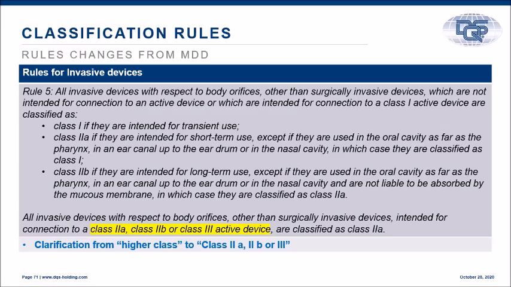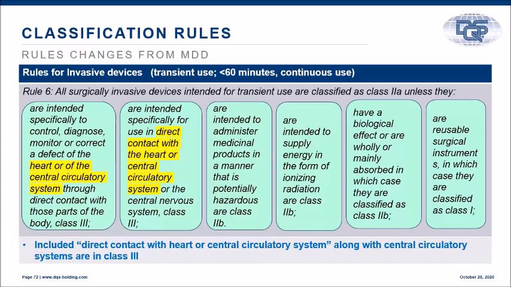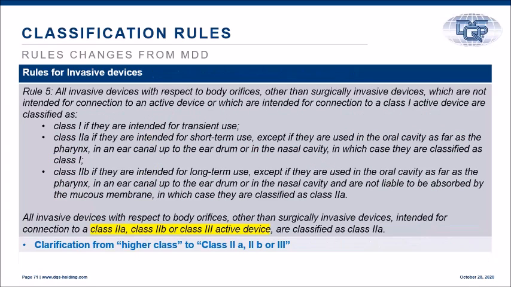This is an important one in terms of accessories. A typical example is an endoscope probe, which goes in, an invasive device. Those things come with a specific clarification. Earlier it was stated as higher class, now it has been stated very clearly.